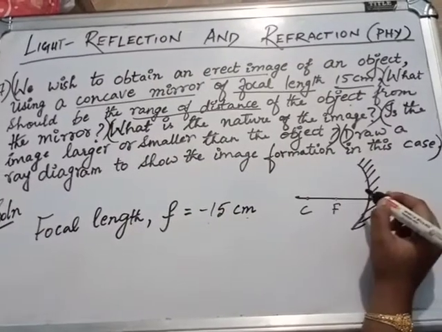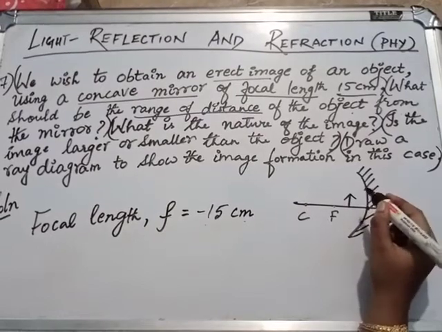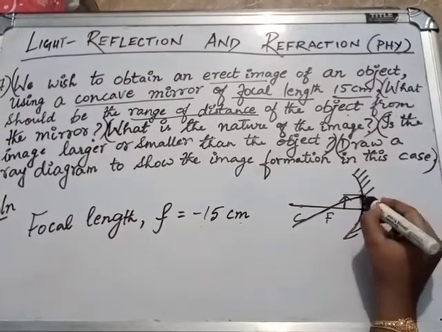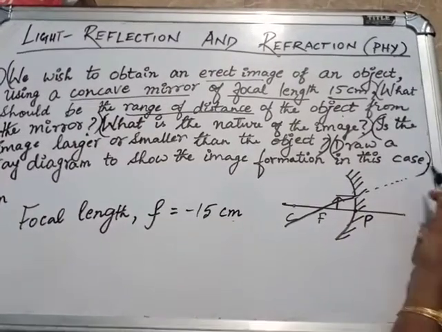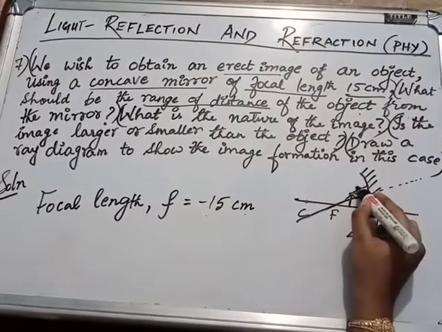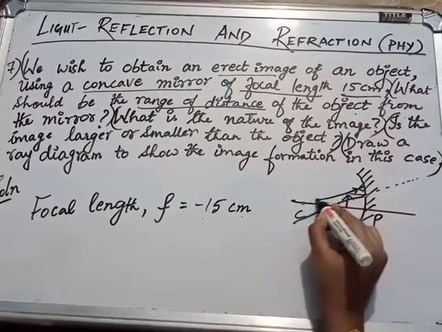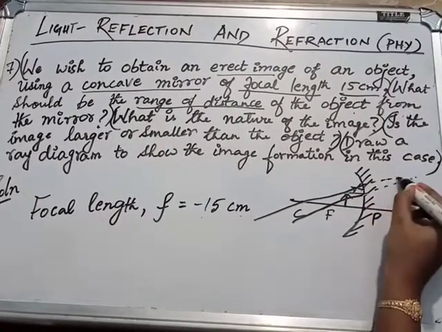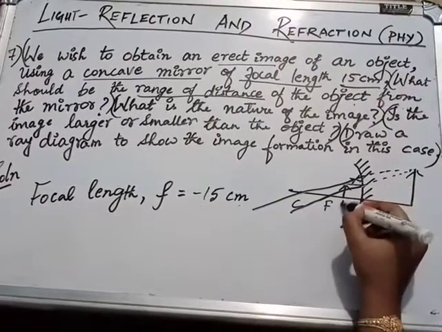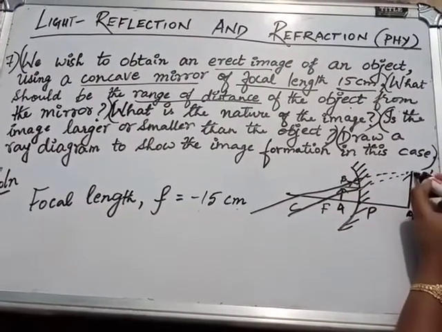And in the last ray diagram, this was our object. Then this was the first ray, which comes from here. Then the second ray, after incidenting like this, got reflected back through the center of curvature, but actually came from somewhere here, and our image was formed somewhere here.